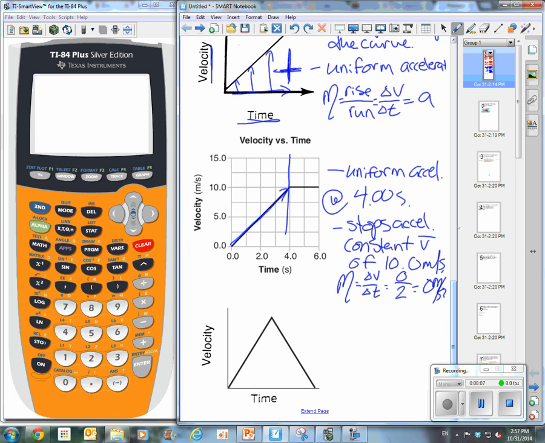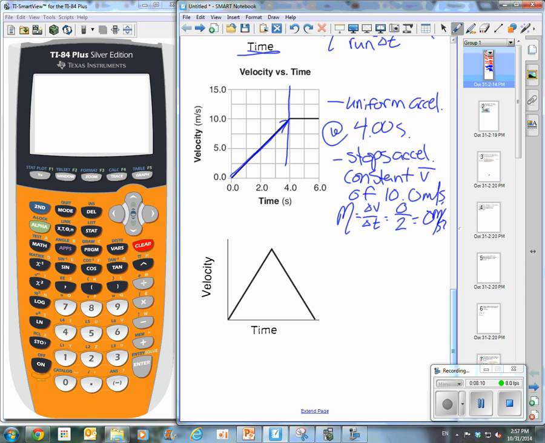All right, now, again, this next graph here kind of has two parts. We've got this part here, and then the second part here. So notice in the first part of the graph here, what's going on is the object is accelerating. Then in the second part of the graph here, it is decelerating.